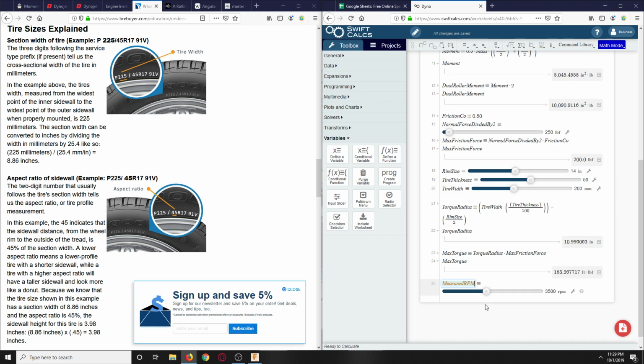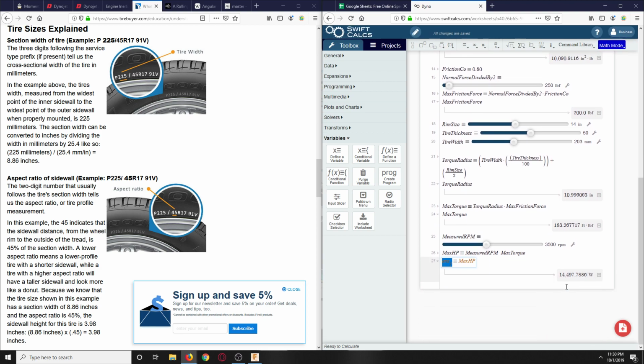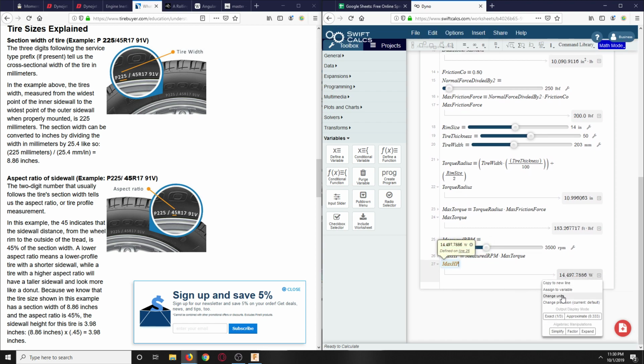So let's say here measured RPM, and then max horsepower is equal to measured RPM times max torque. Max horsepower. I think it should do the conversion. Yep, it does. So this is watts, which is a metric way of measuring power, but we're going to look at imperial, which is horsepower.